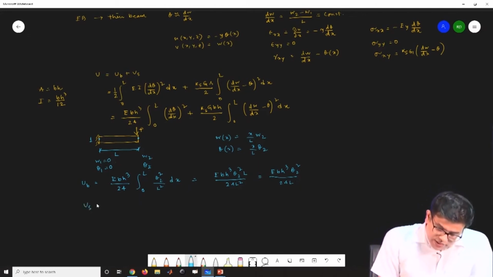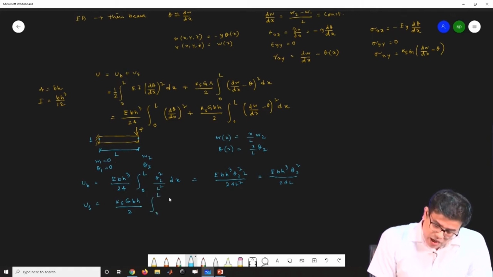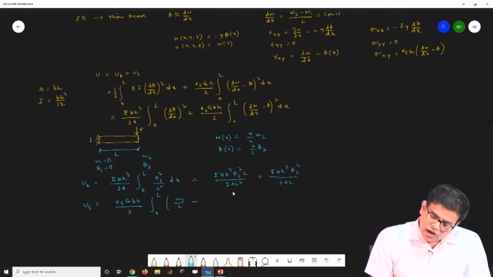Now what happens to the shear strain energy? Taking Ks G B H by 2 integral 0 to L, dw/dx is W2 by L, minus theta, which is x theta 2 by L, whole square dx.